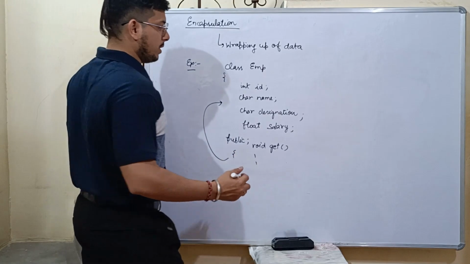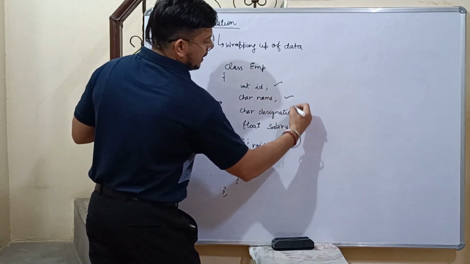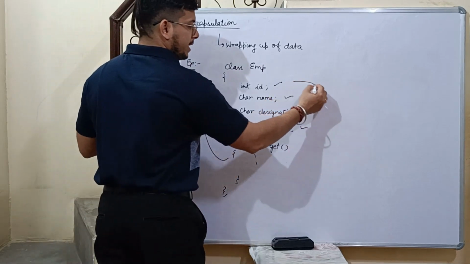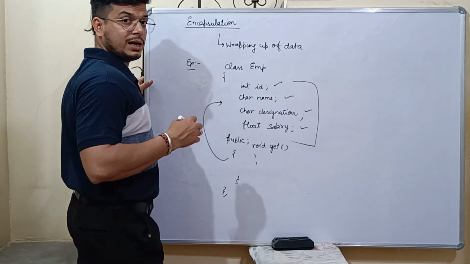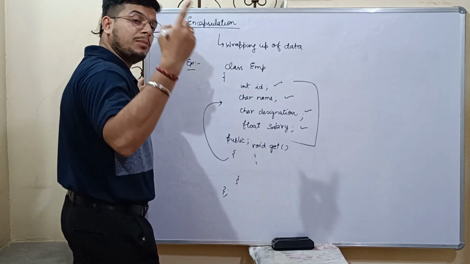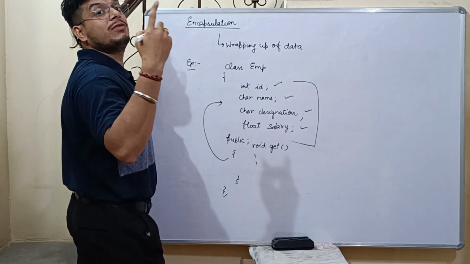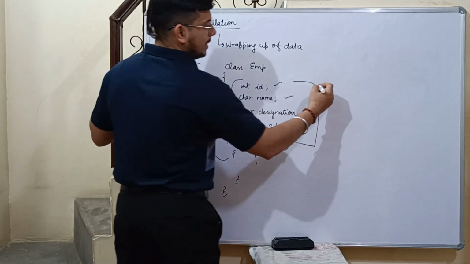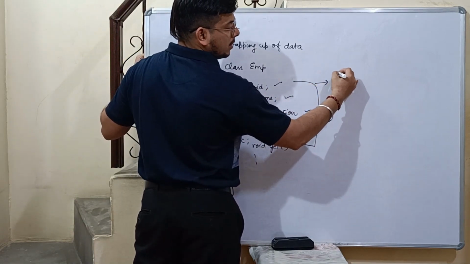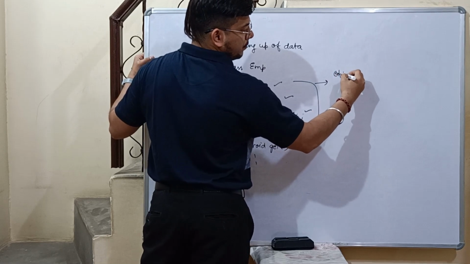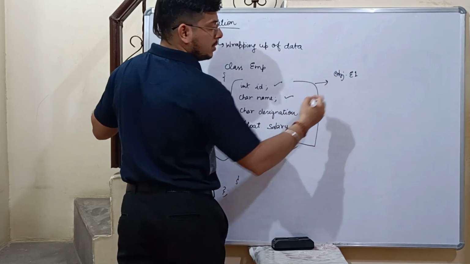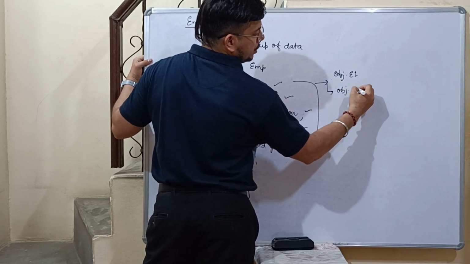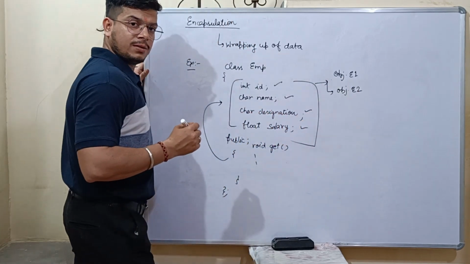So as you can see, ID, name, designation, salary, all different types of data, for the different employees, meaning for all the different objects. Obviously for one employee we will create an object which will work for employee 1. Similarly for employee 2, this object will work differently.